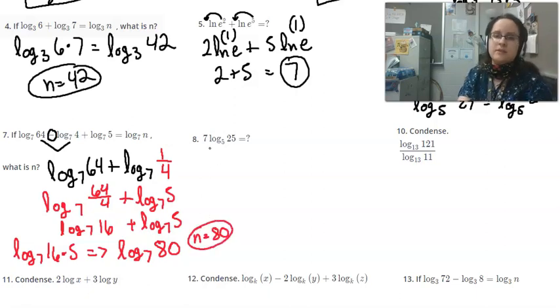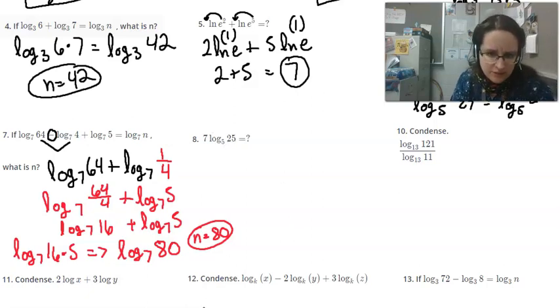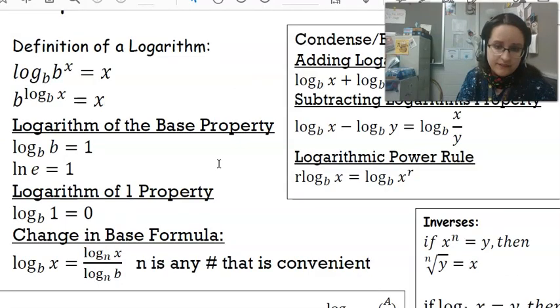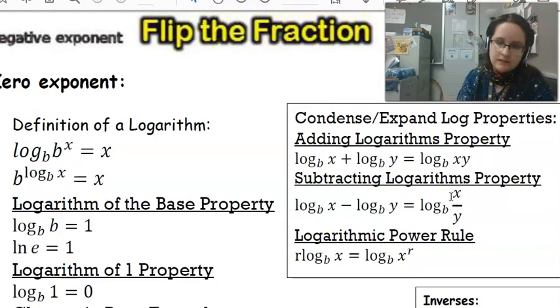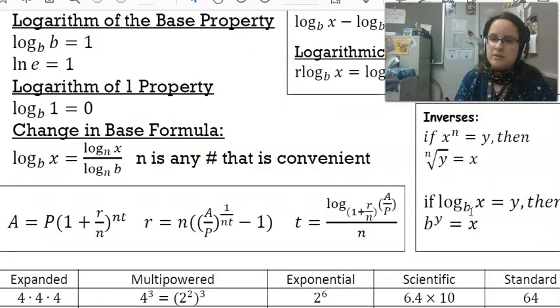On number 8, it says 7 log 5 of 25. Well, you could think of log 5 of 25 as 5 to some power equals 25. Using the inverse property here: if log b of x equals y, then b to the y equals x.